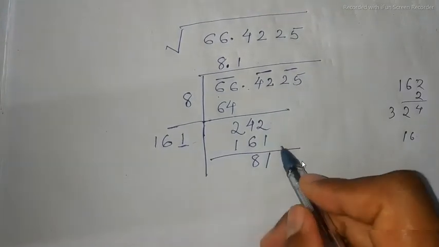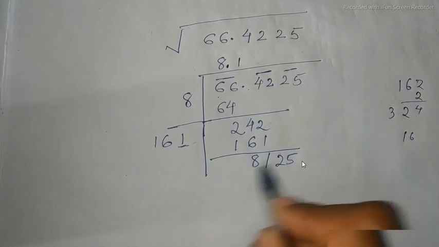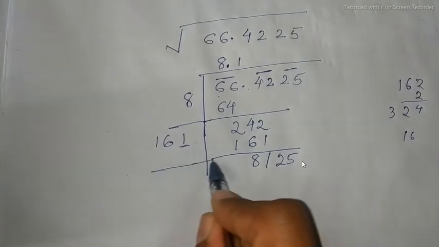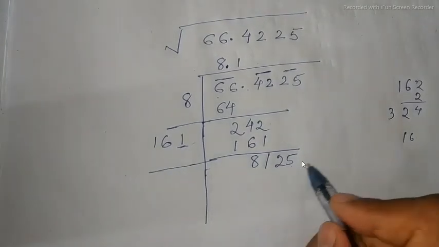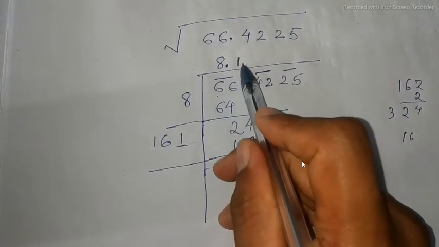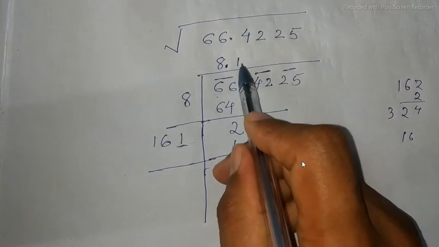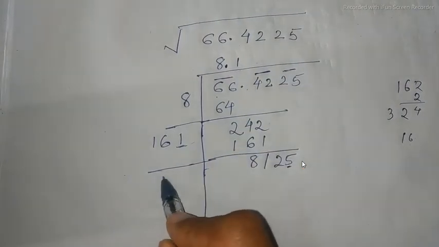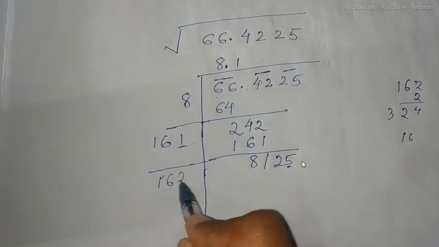And then the last pair comes down, that is 25. Now we have to double the quotient. What will be double of 1? It will be 2. So 162.